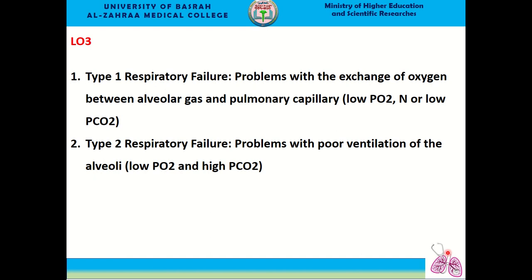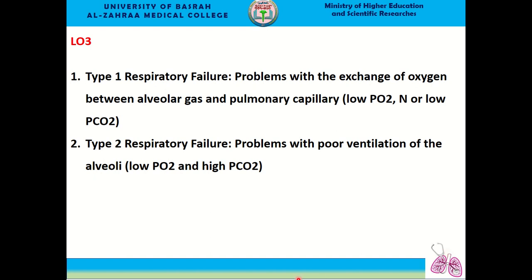This will result in the following. First of all, the partial pressure of oxygen will be low in the blood, but there will be normal or low partial pressure of CO2. Why is that? Because CO2 is freely movable and the exchange is not affected between the alveoli and the arteries. So we have either normal or low CO2, but with low PO2. This is type 1 respiratory failure.